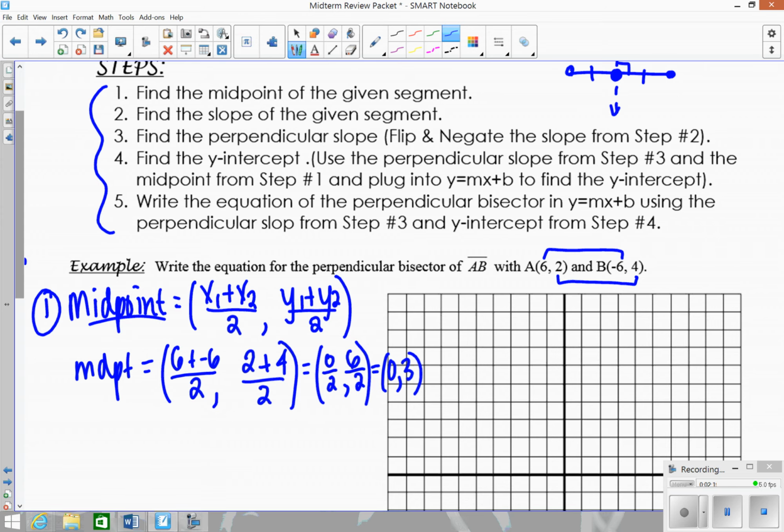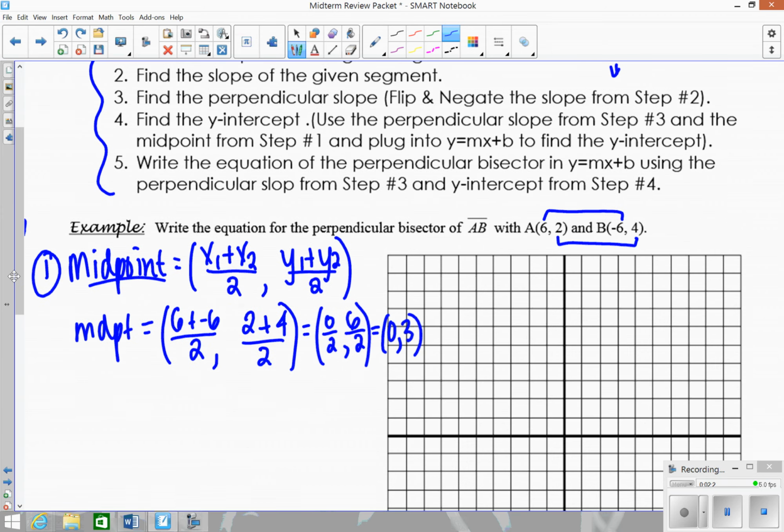Now to verify that on a graph, I start by plotting my points. 1, 2, 3, 4, 5, 6, up 2. Make sure you label them. Then we have negative 6, 4. So here's my segment that I'm trying to find the perpendicular bisector of. I start by finding the midpoint.